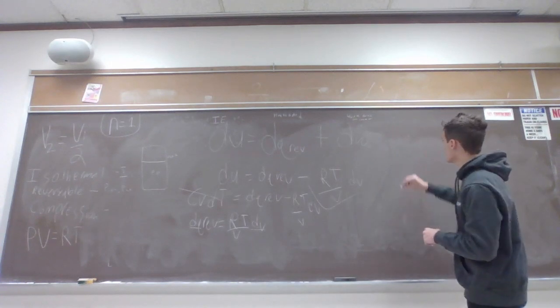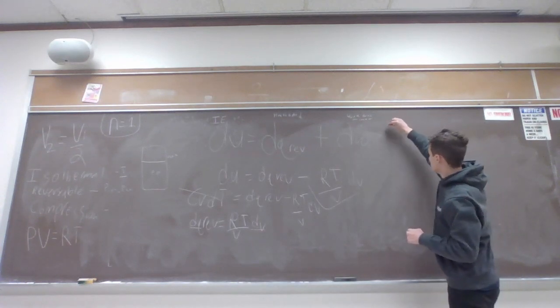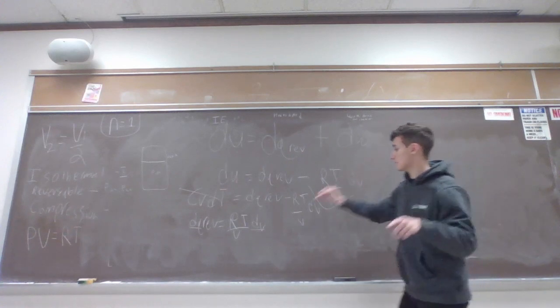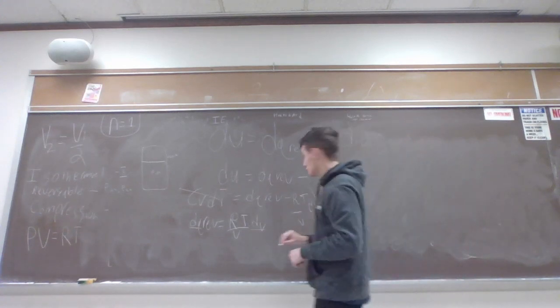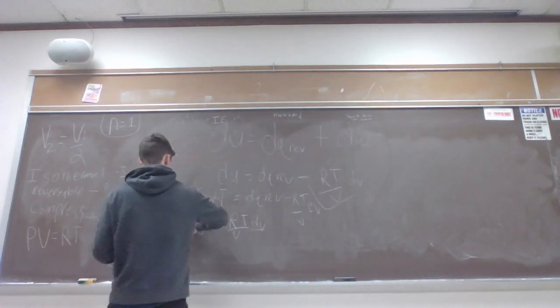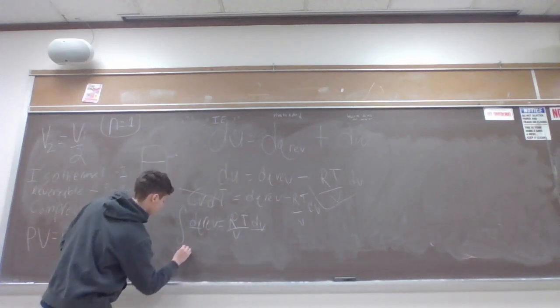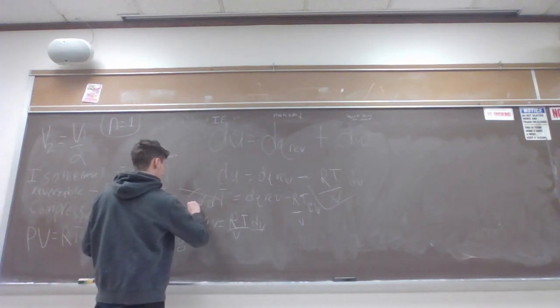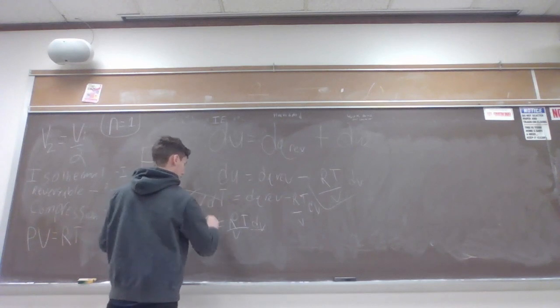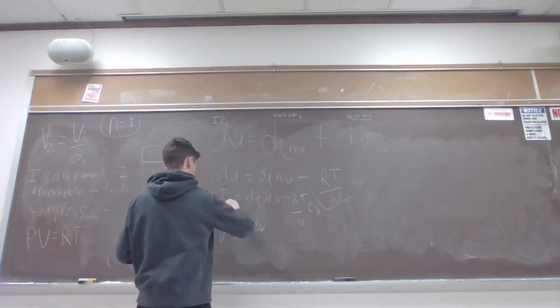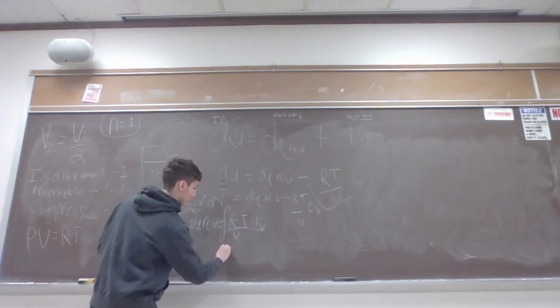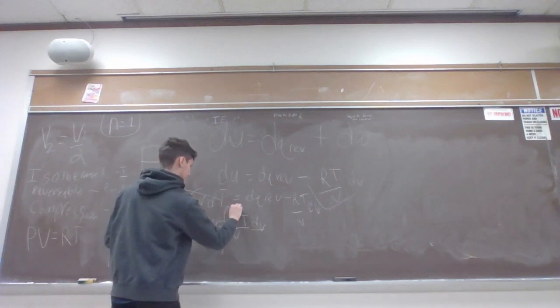Actually, let me write my integral here, and then I'll carry it over. So we would have the integral from 0 to the heat added reversibly, and then V1 to V2.